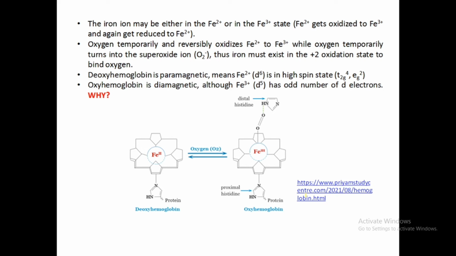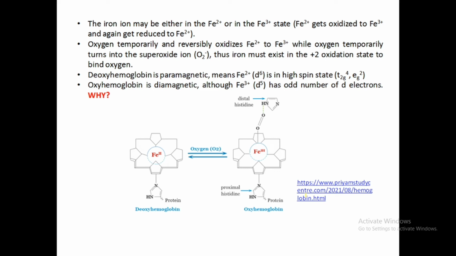Now, even though I have mentioned that in the unbound state, that is the deoxy form, the central metal atom is in the +2 oxidation state, there can be a debate: why not +3? If you think about it on your own without any expertise, you might lean towards two options. The central ion can either be in the +2 state, or maybe in the +3 state.